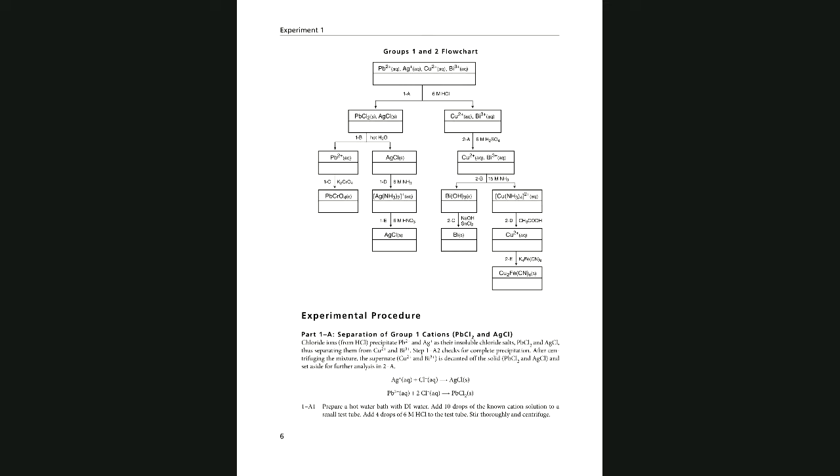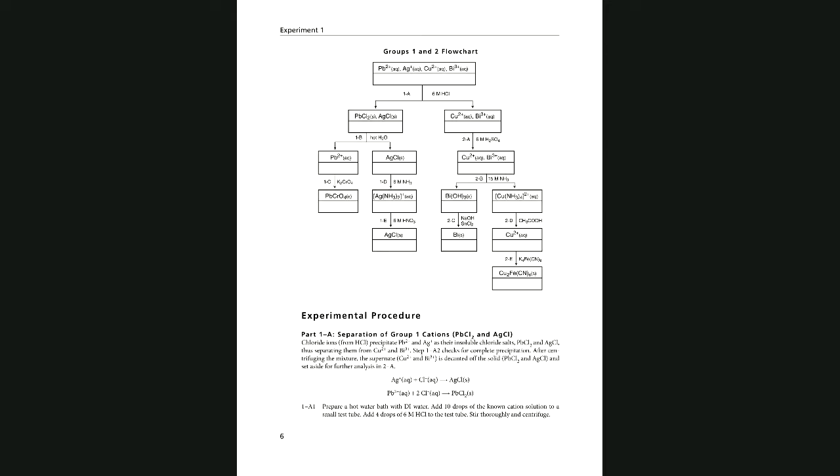Then you look at the reagent. You're adding H2O. When you add H2O to the precipitate, the silver chloride is going to stay in the solid form because it's indicated by S, meaning solid, insoluble, but lead is going to dissolve. Lead chloride is not stable in hot water, so it's going to dissolve in hot water.